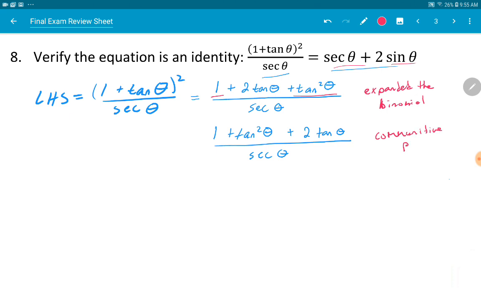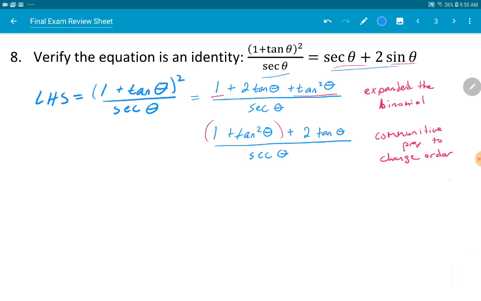So I use the commutative property to change order. I'm grouping those two together, and I can add those parentheses. It doesn't change my value because it's just addition.